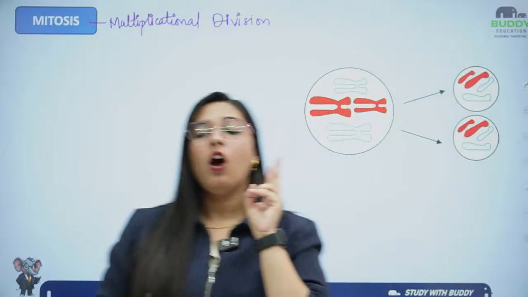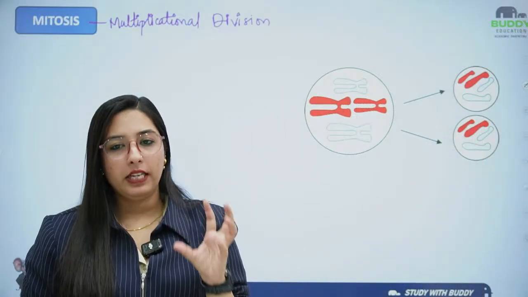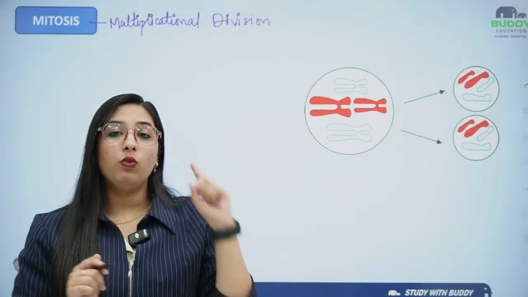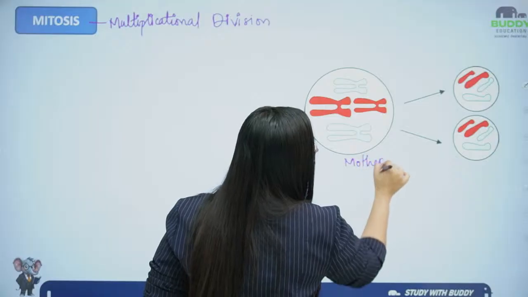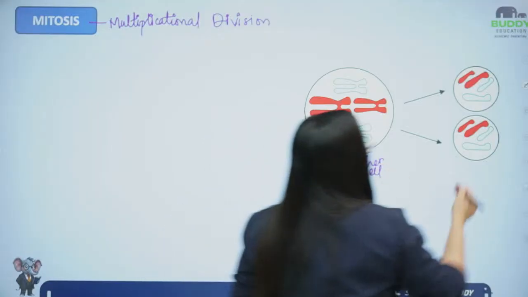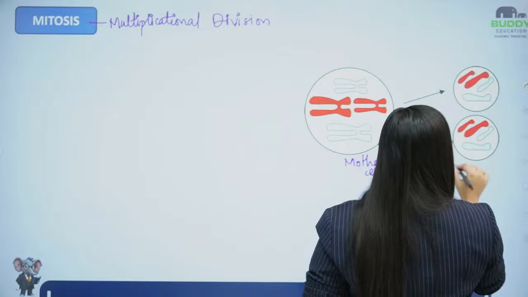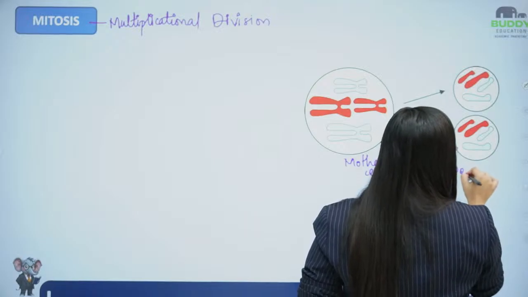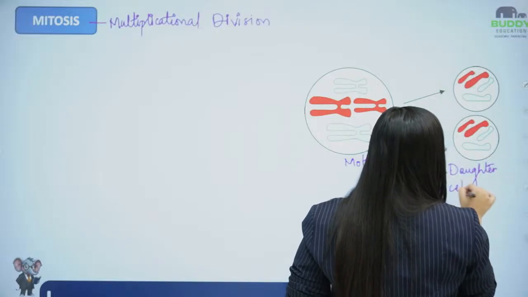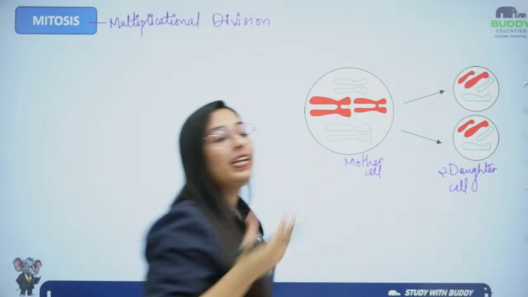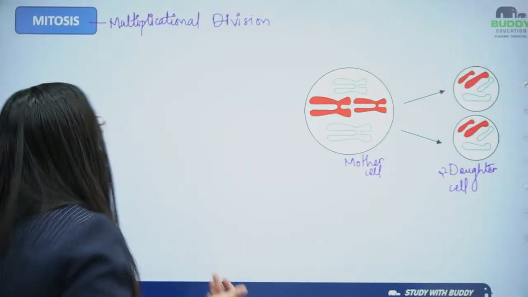Mitosis is the multiplicational division, which involves one mother cell forming similar, exact two daughter cells, and these will be identical daughter cells. So what is mitosis?